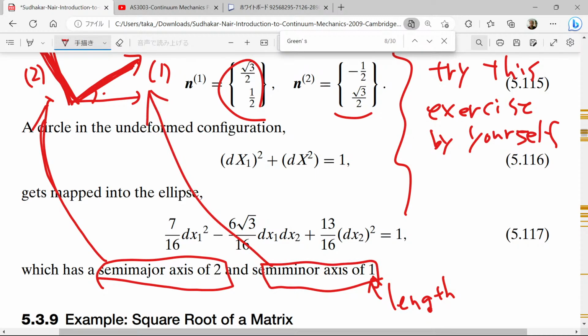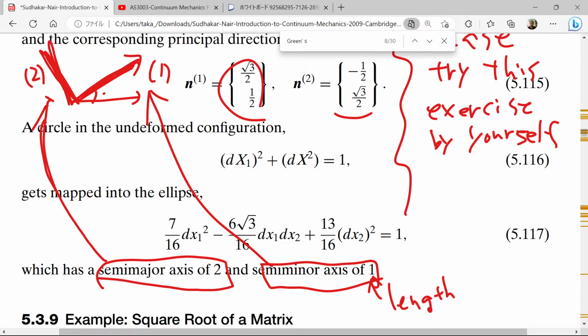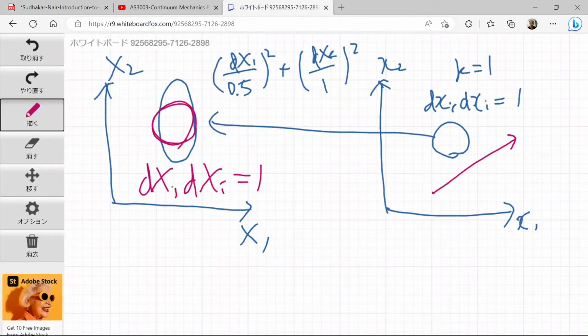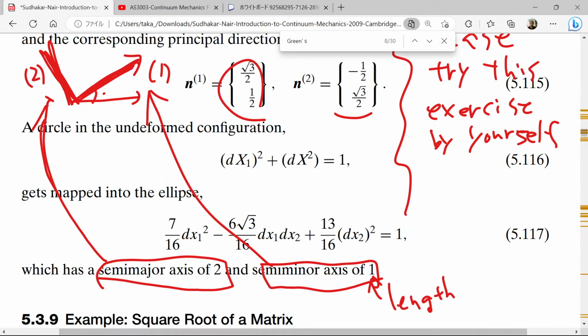So what you have here is, see, there is some direction like this. This is 1. This is 1. And this is 2. Then the angle here is 30 degree. Angle here or angle here is 30 degree. But then there is a semi-major axis of 2.